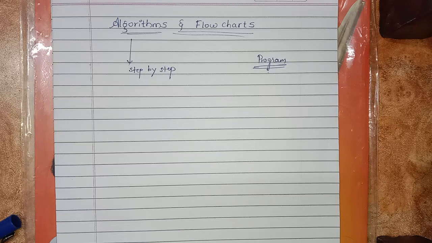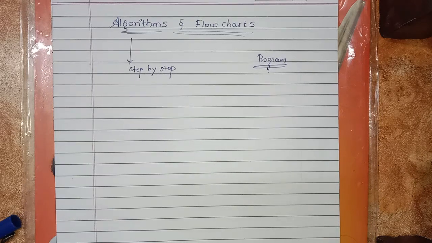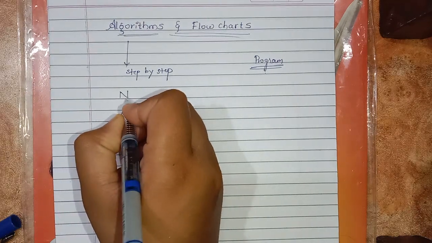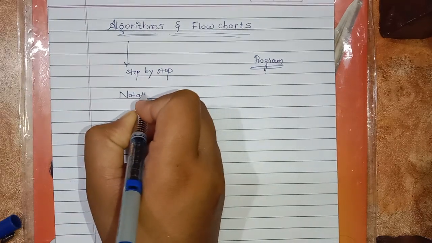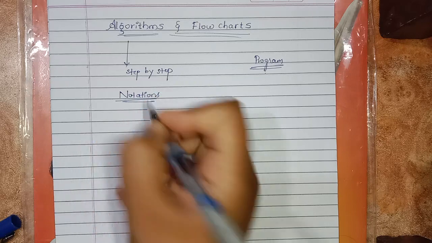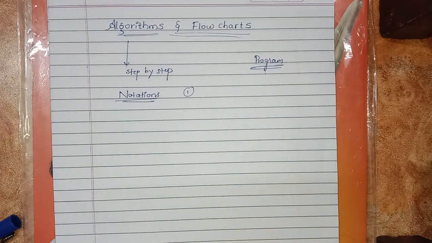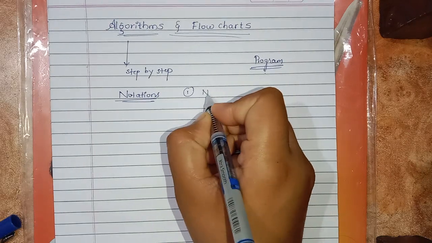So today we'll directly step on to how to write the algorithms, or how to write the algorithmic notations. What are the notations we should know while writing the algorithm, or what are the steps to be followed while writing the algorithm? Okay, the first thing is we should write the name of the algorithm.